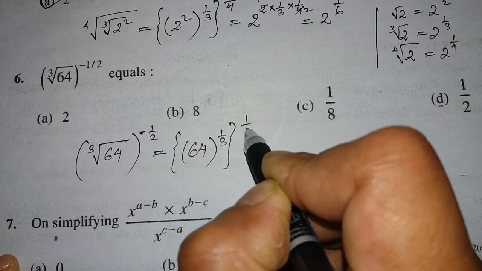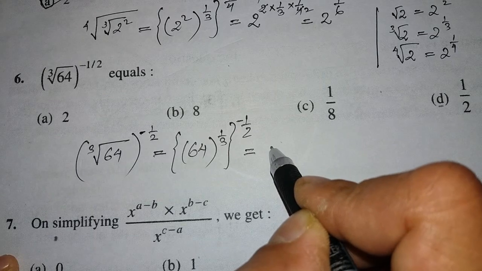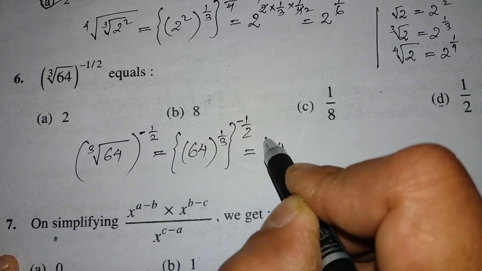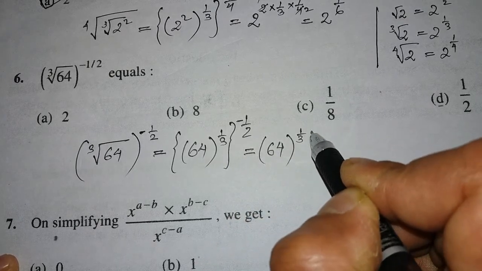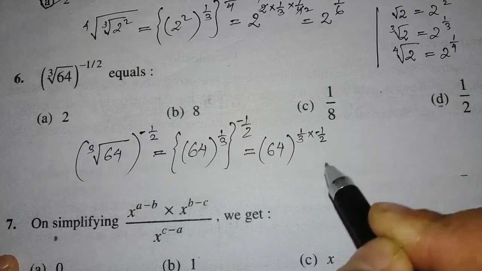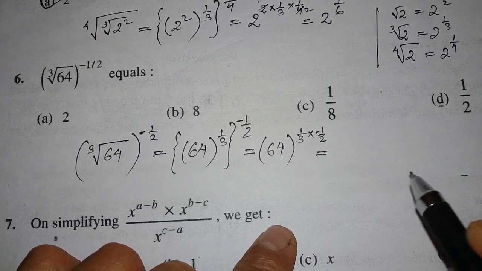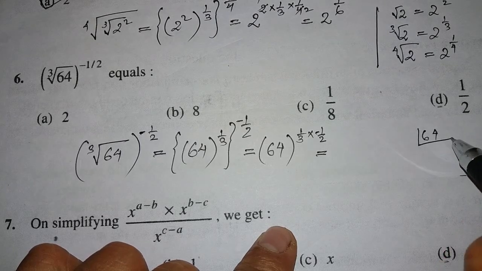Now this will be equal to 64 to the power, let's multiply the powers, 1 by 3 into minus 1 by 2. Now this gives us again 64, and 64 is 2 to the power 6.